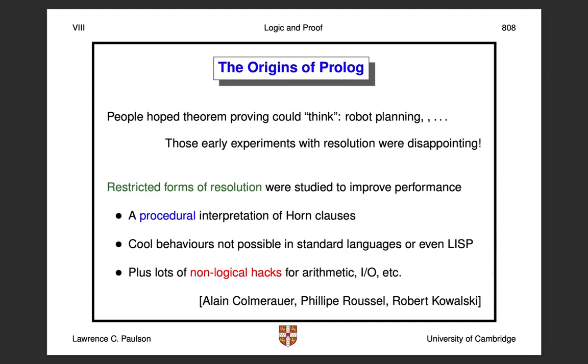Nevertheless, in its pure form, it was theorem proving, and yet seen as a programming language, it could do a lot of cool things that could not be done in C, which already existed at the time, or even be done in Lisp, the AI language invented by Professor McCarthy.